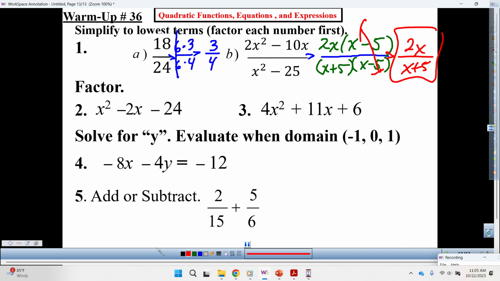All right, number 2. Factors for number 2. Tell your neighbor what you got, and then Leo's going to pass someone. What are my 2 factors for number 2? Scarlett, factors for number 2.